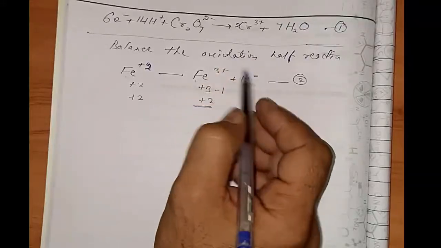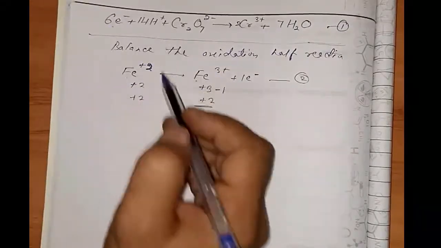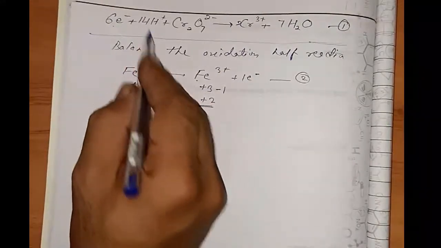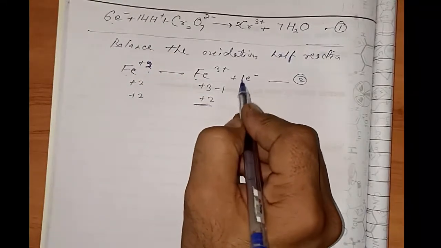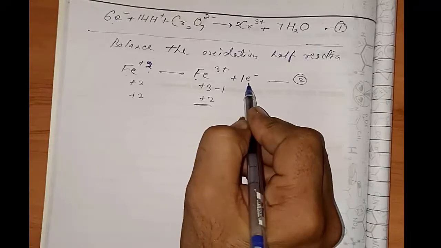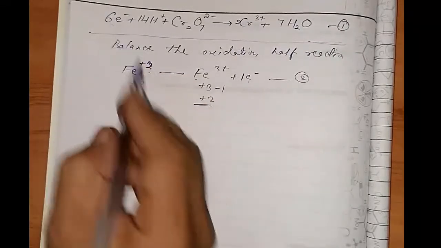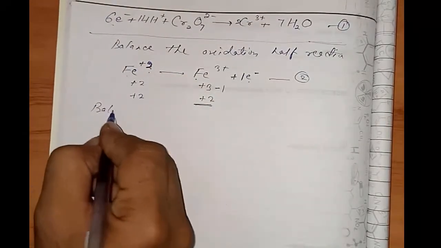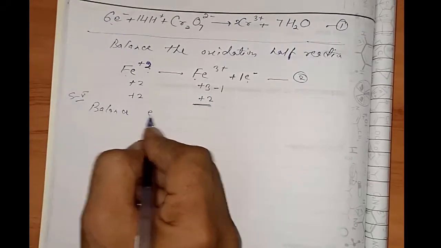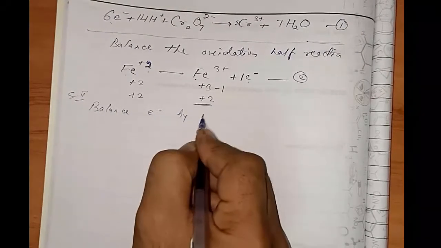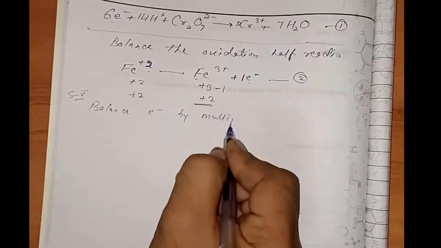Now what we do, we have to write these two equations again. But before writing we have to multiply it with the suitable number. In the last step, step 5, balance electron by multiplying with suitable number.